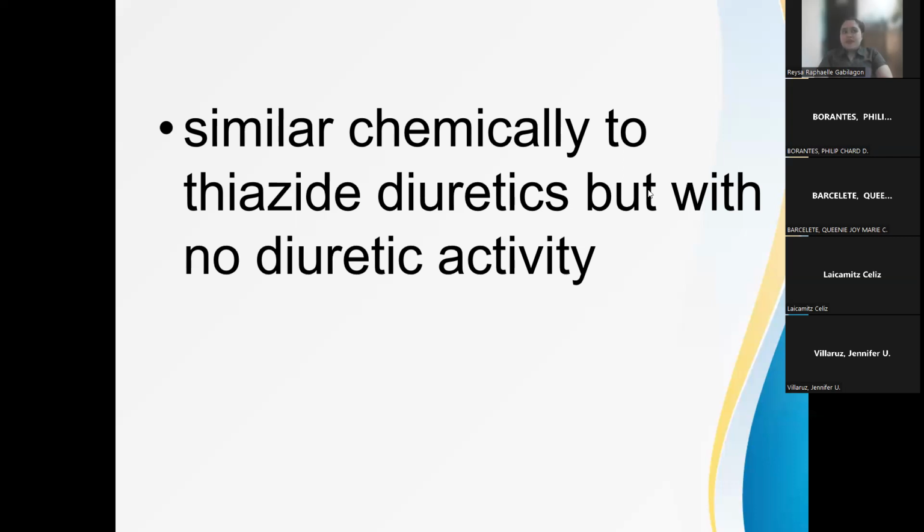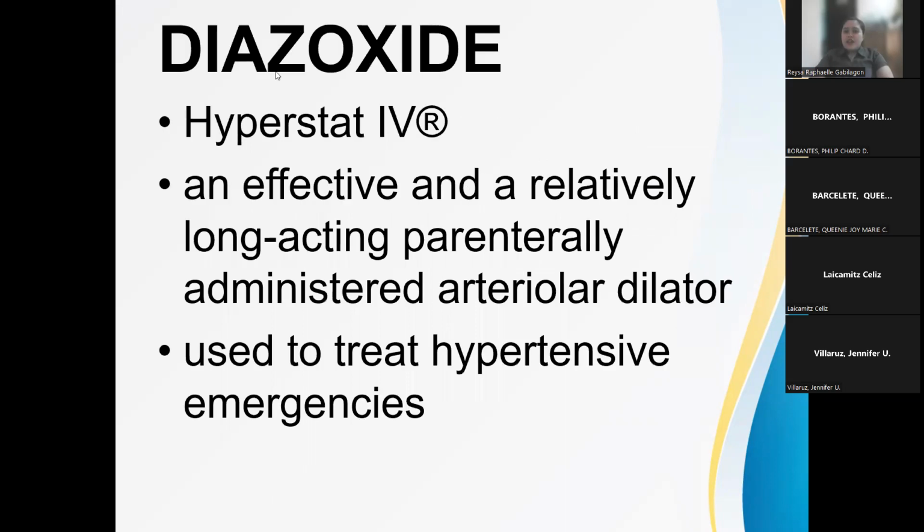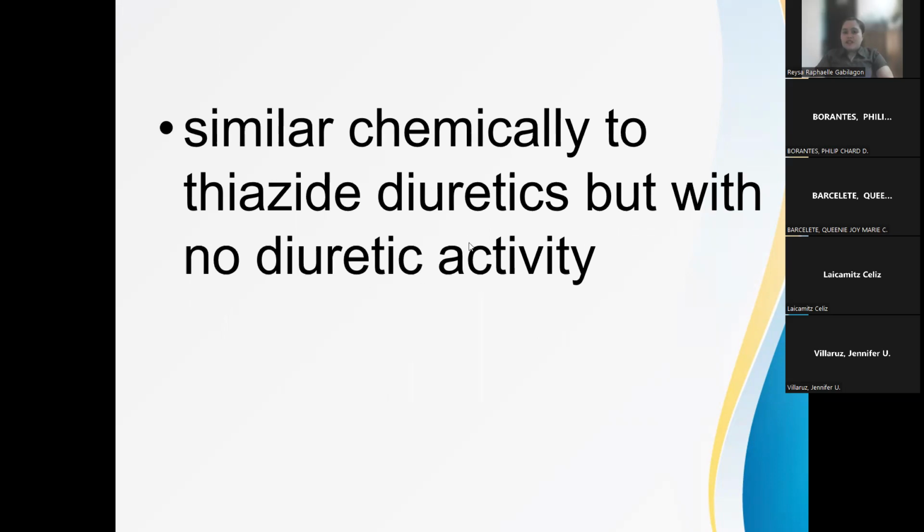But nevertheless, they are diuretics, so they can cause urination, increase in the urine volume, and also sodium excretion. But even though they have similar structure with that of the thiazide diuretics, this diazoxide can only dilate the blood vessels, but it has no diuretic activity. This is the favorite board exam question about our diazoxide.